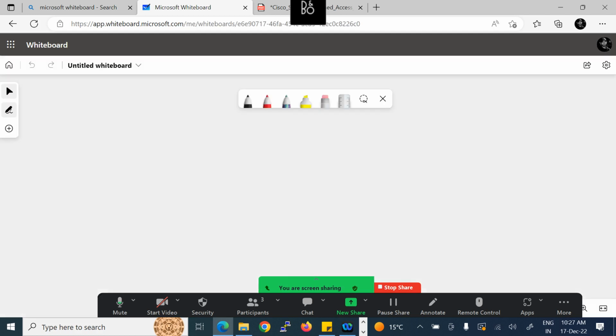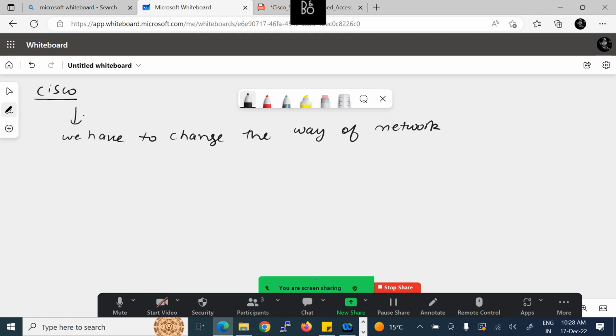Cisco, you know that Cisco is a multinational organization based in the US. Cisco said that we have to change the way of network configuration and management.